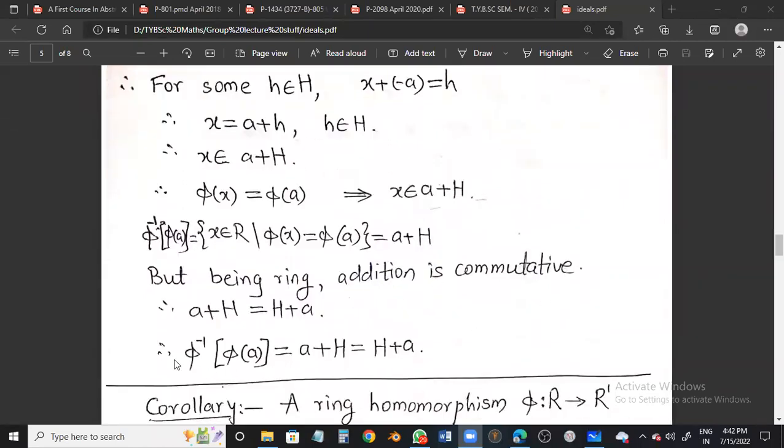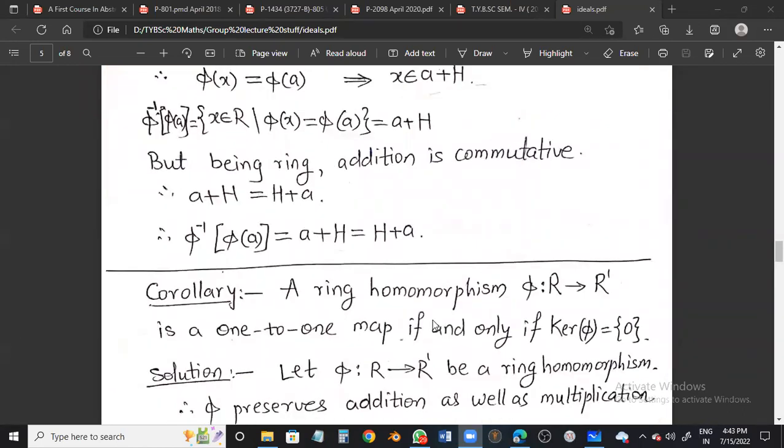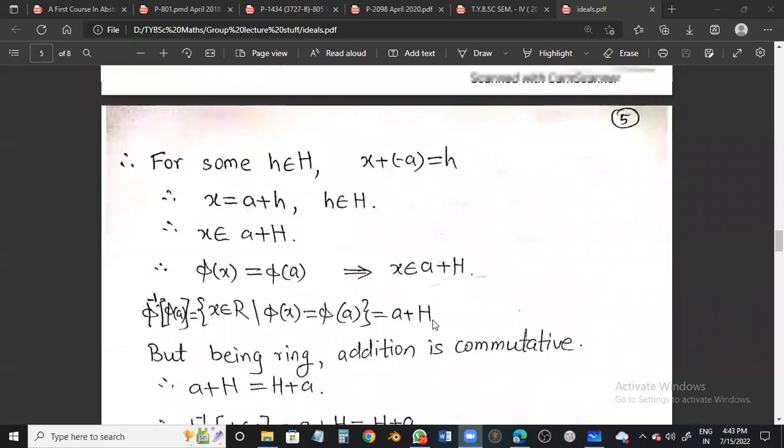So addition is commutative. So you can write a plus H is the same as H plus a. So this particular set is nothing but a plus H, but it in turn is the same as the right coset also, H plus a. I suppose you followed the proof.